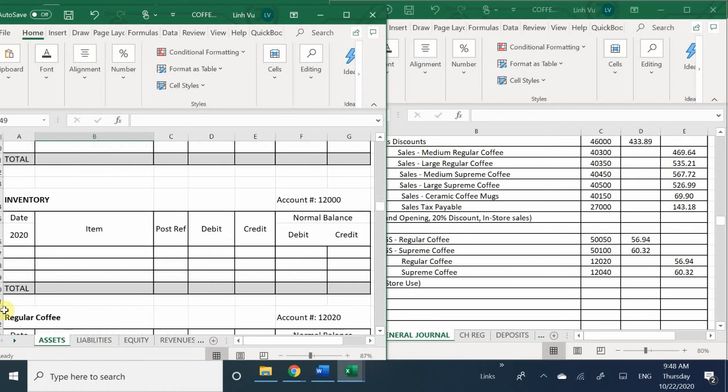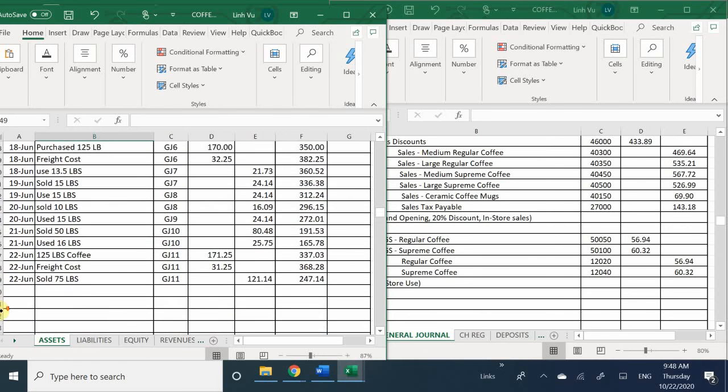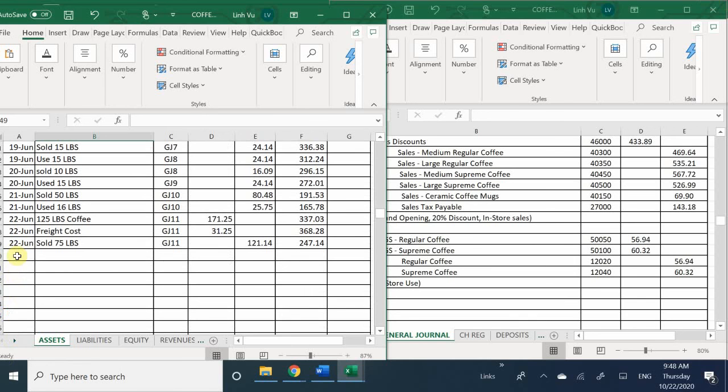So inventory. Use. I cannot remember the pounds. 35.25 pounds. He gave 12. Credit 56.94.